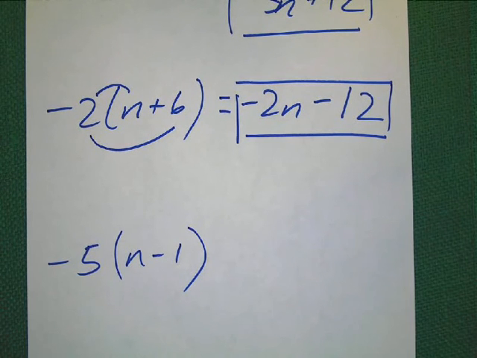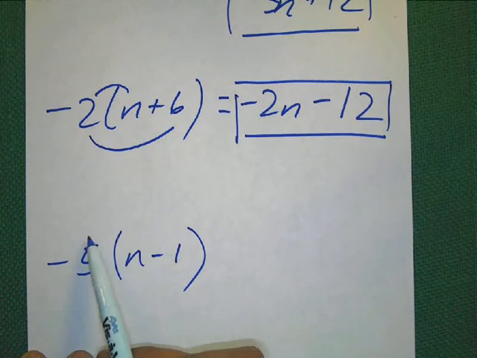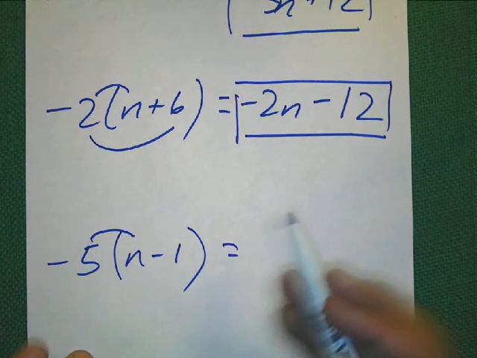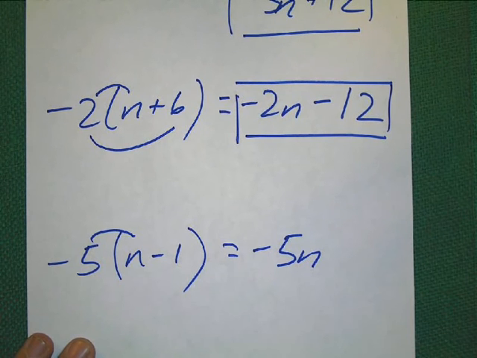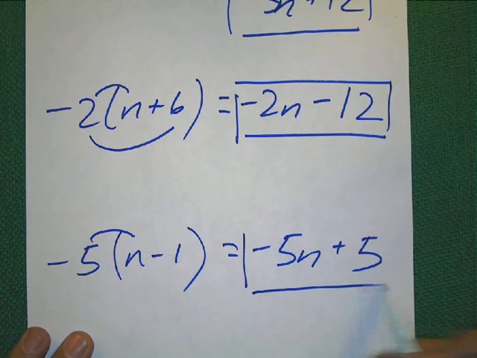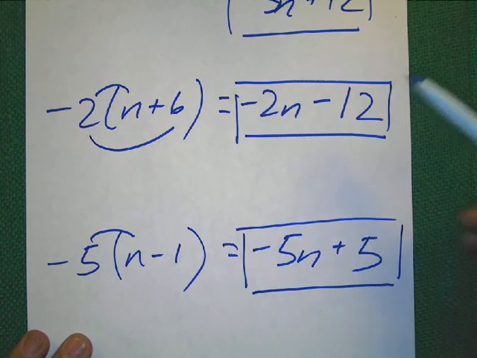There you go. And our last one for the video is negative 5 times the quantity n minus 1. Negative 5 times n is negative 5n. Negative 5 times negative 1 is positive 5.